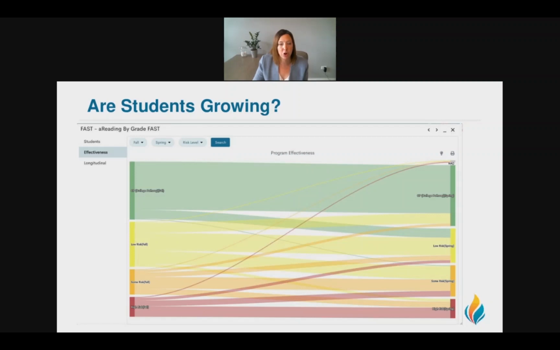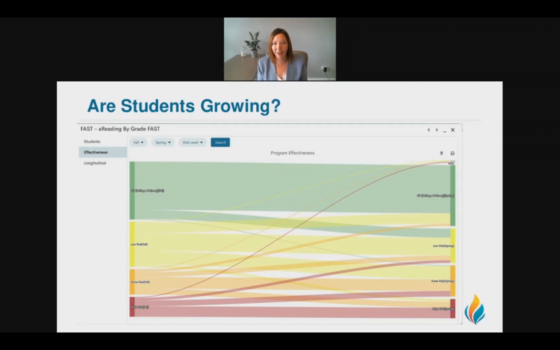This report can be used for lots of reasons, but if we think about high quality universal instruction, I've asked lots and lots of teachers around the country what percentage of students who start the year on track do you expect to grow enough to end the year on track? And every single time I've asked a teacher that question, they've said 100%.